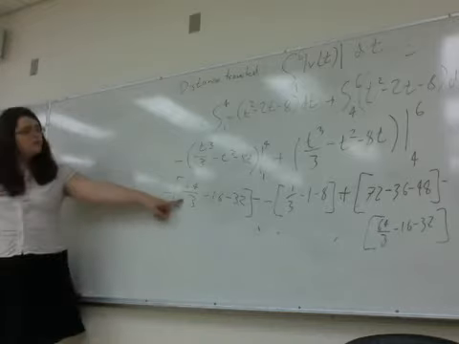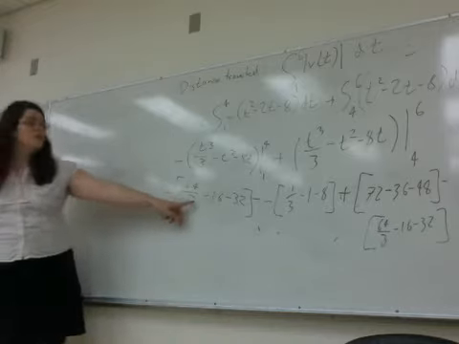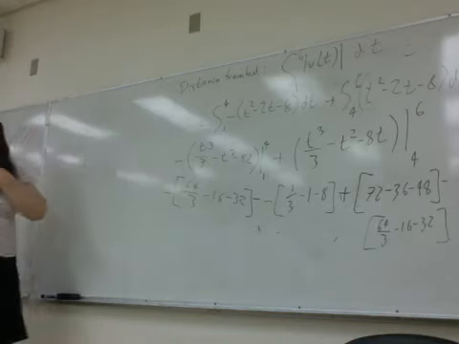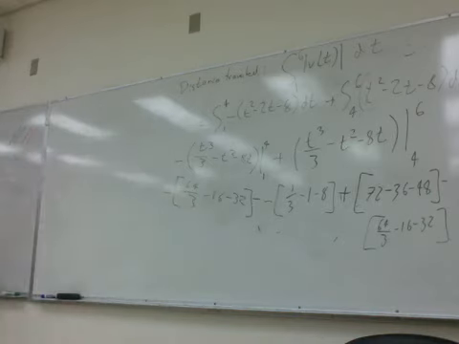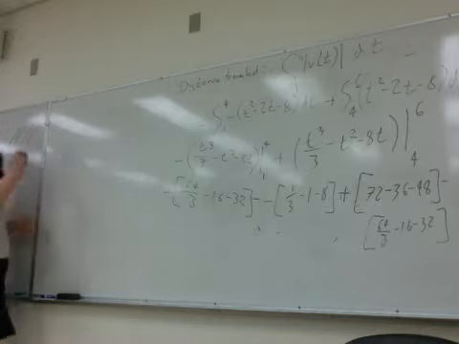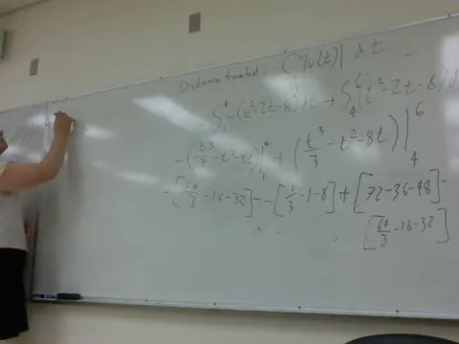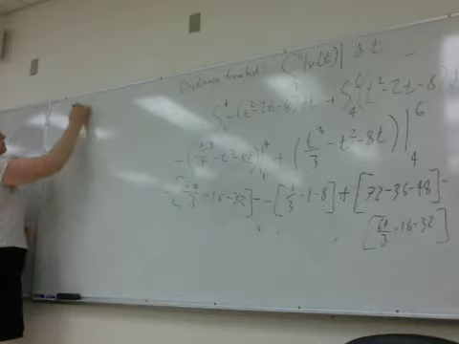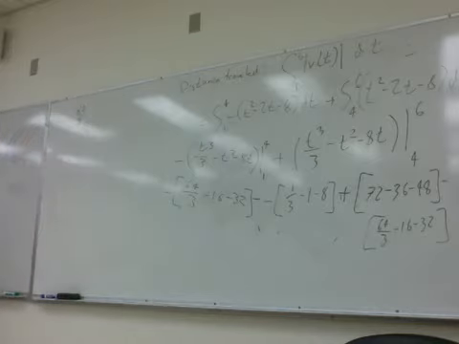So here is 64 over 3 minus 48. 48 is 144 over 3. So 64 minus 144 is negative 80 over 3. That's what the first thing gives you.